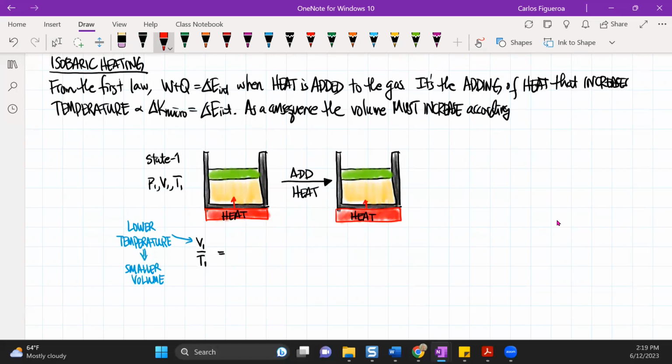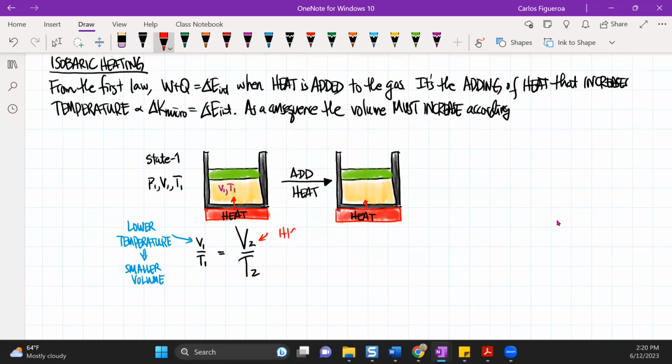So as a consequence, I start off with a small volume and a low temperature. So according to the ideal gas condition, this means that if the volume gets higher, the temperature must be higher. That's what I mean by isobaric.